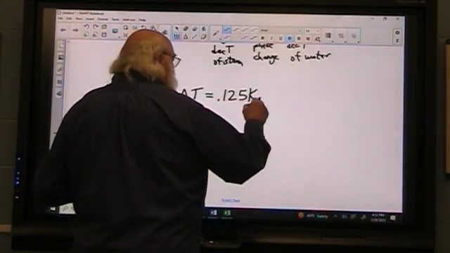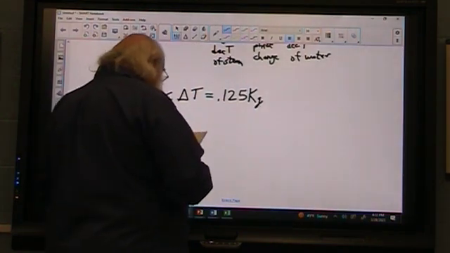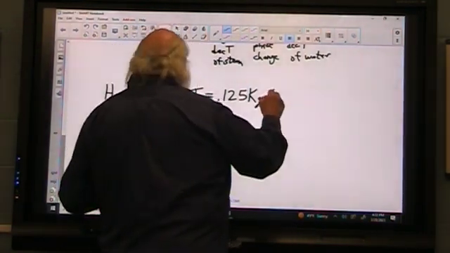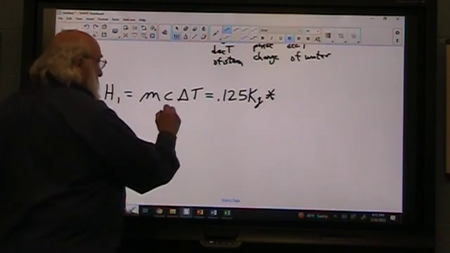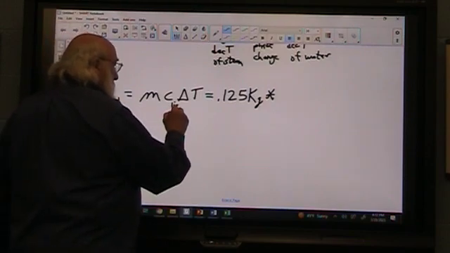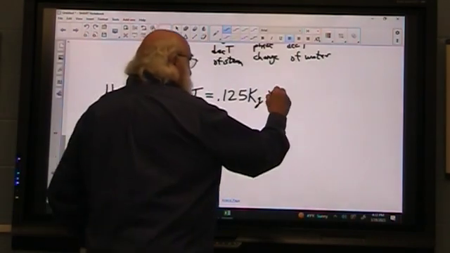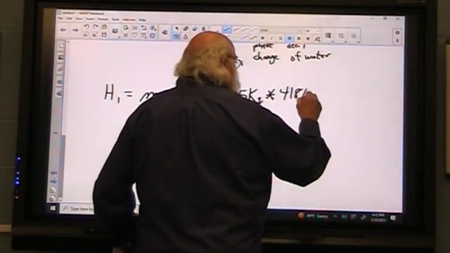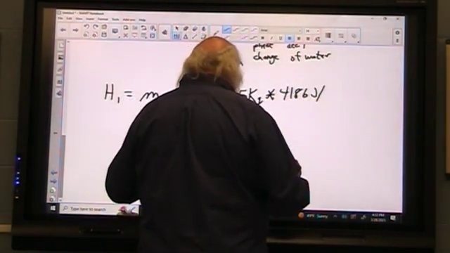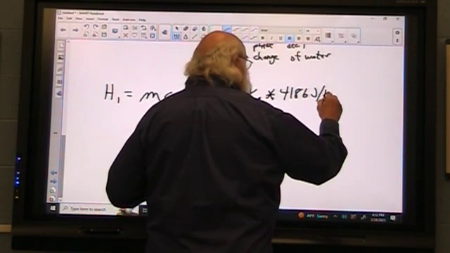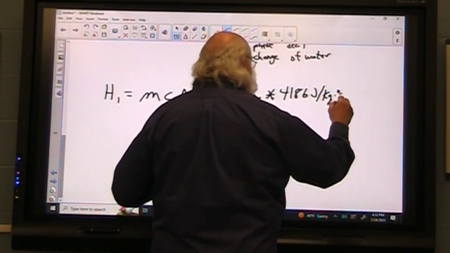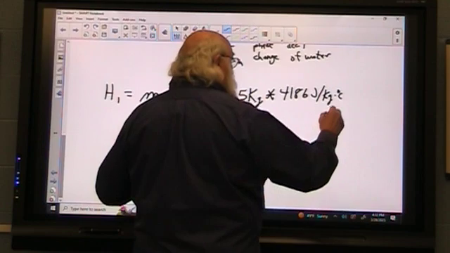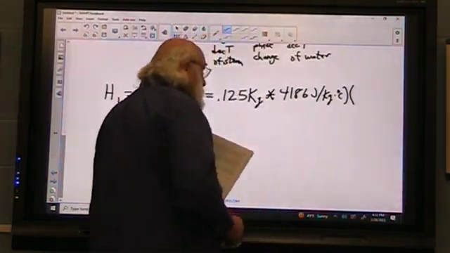So 0.125 kilograms times the heat capacity of water, so the liquid, which is 4186 joules per kilogram degrees Celsius, times the change in temperature.